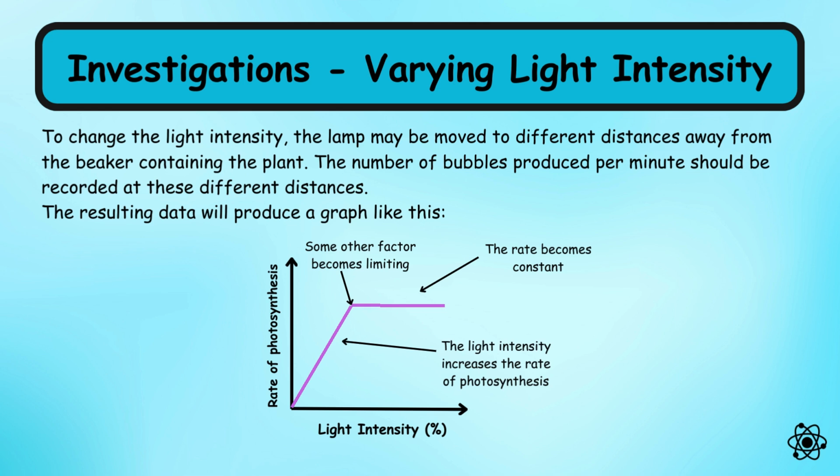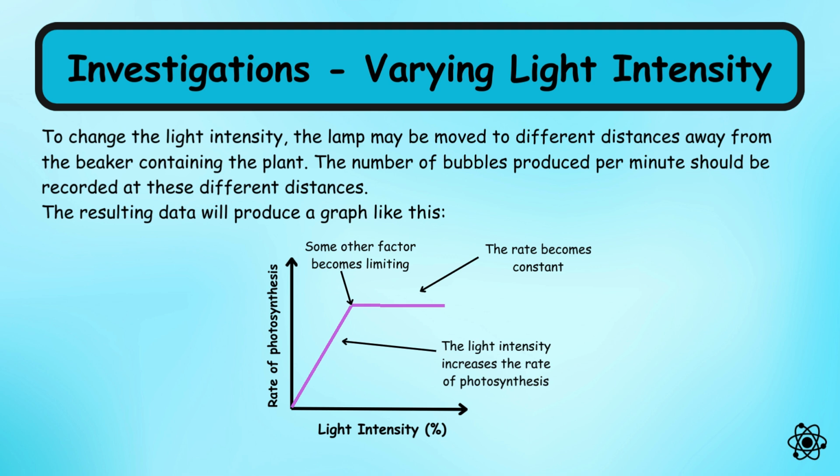So, initially increasing light intensity increases the rate of photosynthesis until some other factor becomes limiting, after which the rate becomes constant. Without enough light, a plant cannot photosynthesize very quickly even if there is plenty of water and carbon dioxide. Increasing the light intensity will boost the rate of photosynthesis.